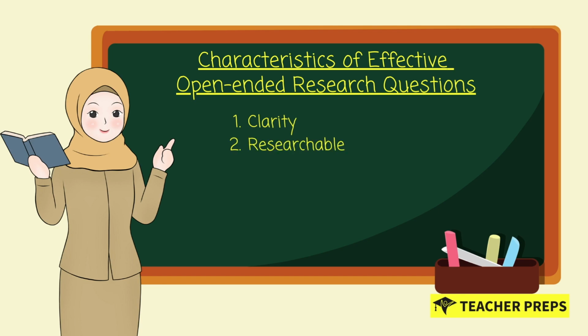Your topic needs to be researchable. You need to be able to find information on it. And then relevance. The question should be significant to the field of study and contribute to existing knowledge or challenge current beliefs. And be specific. While they should be open ended, they shouldn't be so broad that they become unmanageable.